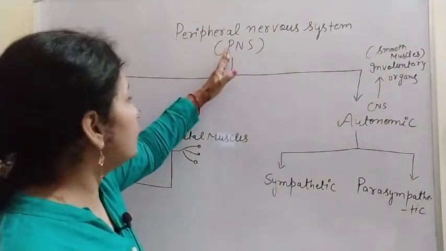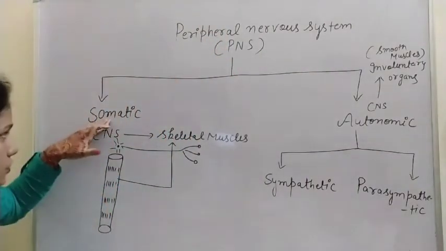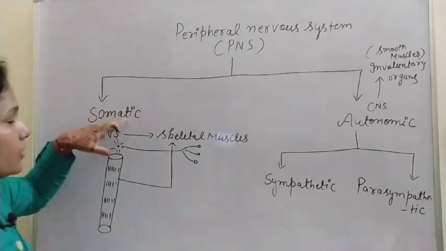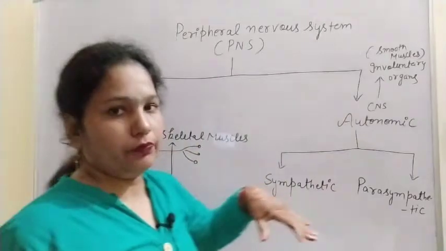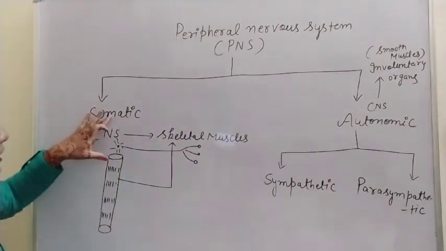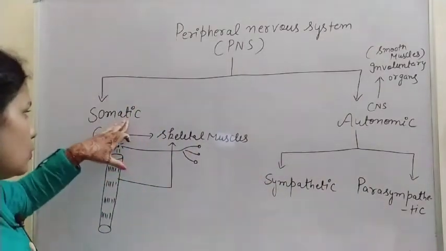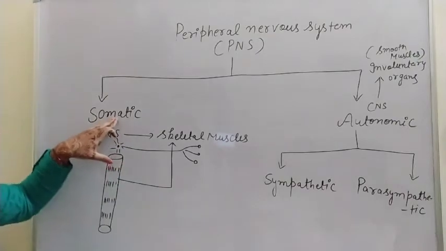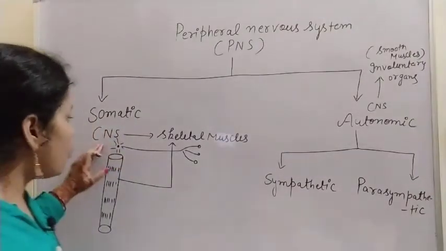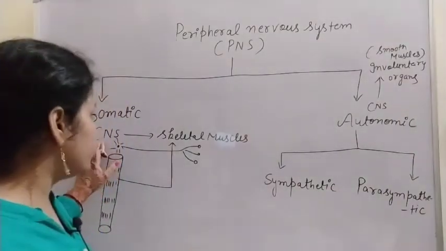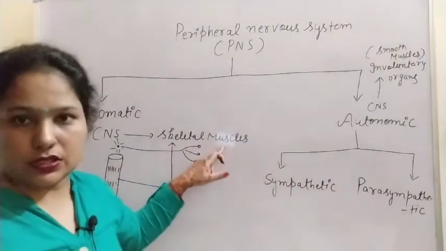Further, it is divided into two types. First is the somatic peripheral nervous system and second is the autonomic. What is the somatic peripheral nervous system? It transmits the nerve impulse from the central nervous system to the skeletal muscles.